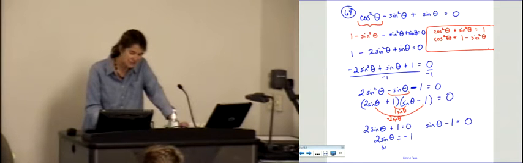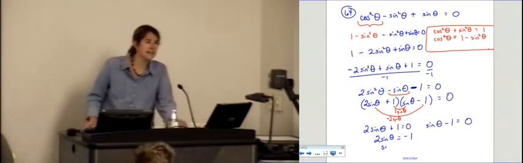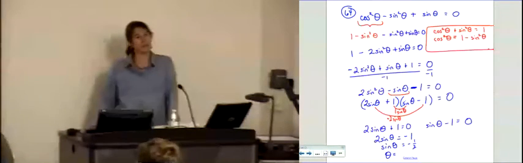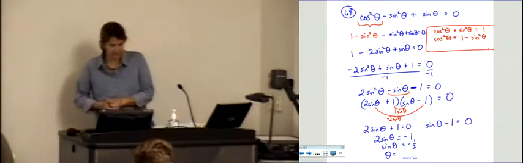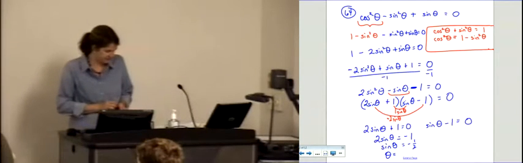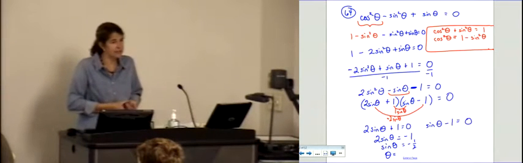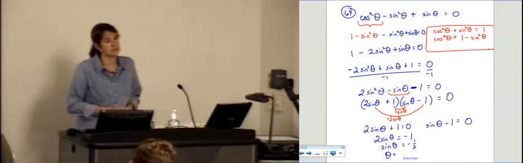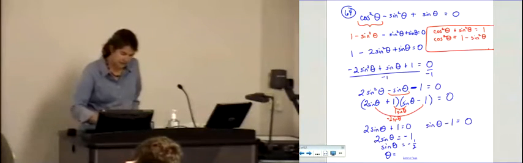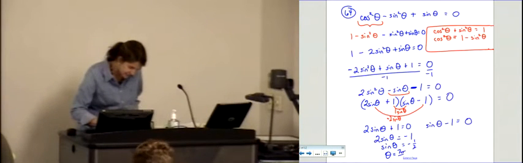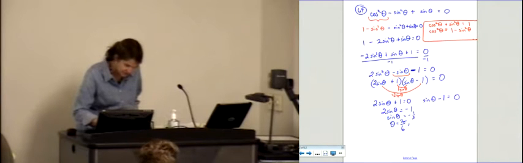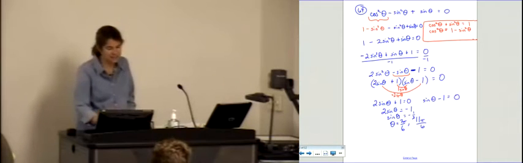Sine theta equals -1/2. The sine's going to be negative, then I'm down in the third and fourth quadrants. If the sine's -1/2, what angles would those be? 7 pi 6 and 11 pi 6.